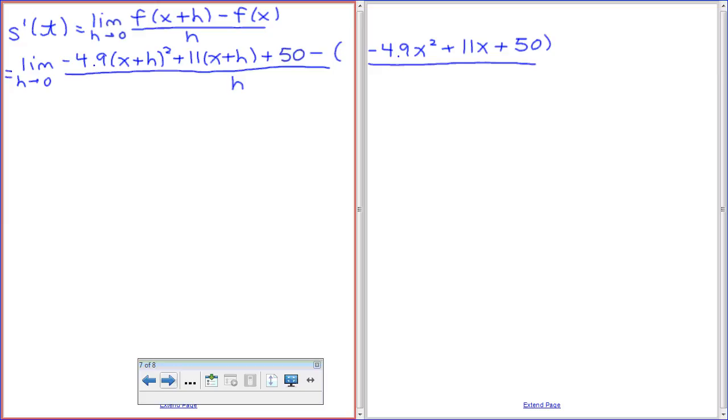Okay, and this is a messy step, you know, there's always that messy part before it works out nicely.